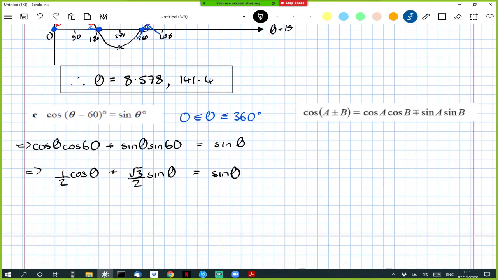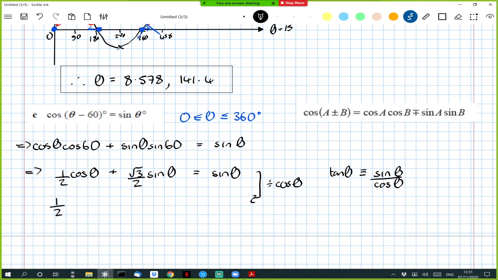Well, this is an ideal opportunity to turn something into tan. Remembering your trig identities from the first year, we know that tan θ is identical to sin θ over cos θ. So if I divide both sides by cos θ, I get, well, divide that term by cos θ, I get a half.